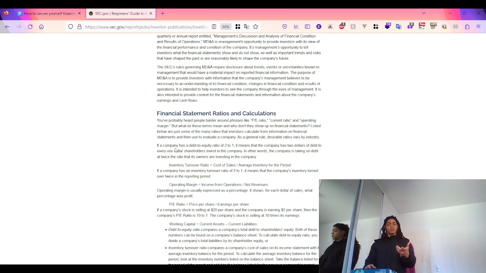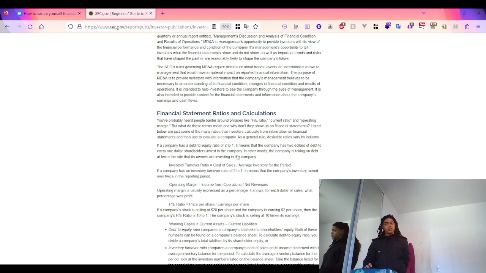So if a company has a debt to equity ratio of 2 to 1, it means that the company has $2 of debt for every $1 shareholders invest in the company. Or in other words, the company is taking on debt at twice the rate its owners are investing. Is this good or bad? Depends on the industry.